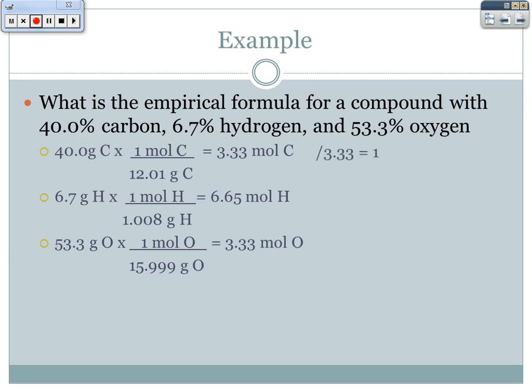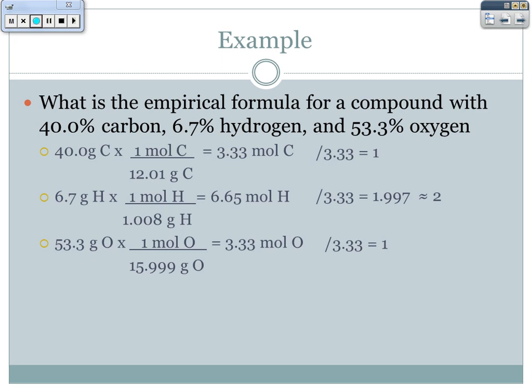So we're going to divide each of these by 3.33. So 3.33 divided by itself is 1. 6.65 divided by 3.33 is 1.997, which is approximately 2. And then 3.33 divided by itself is again 1. So since these are all whole numbers, I don't have to do anything. If hydrogen had spit out something closer to like 1.5, then you would have had to multiply them by 2 to get it to its closest whole number.